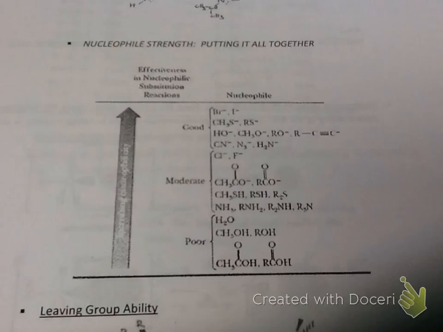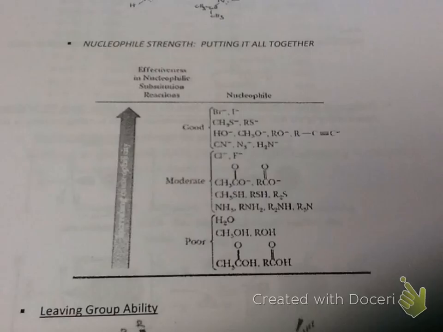It's a stronger base than a neutral. If you're in the same row, the less electronegative atom holds electrons less tightly, so they're able to form a bond. If you're in the same column, the larger atom holds their valence electrons less tightly, so they're more polarizable and form bonds faster.